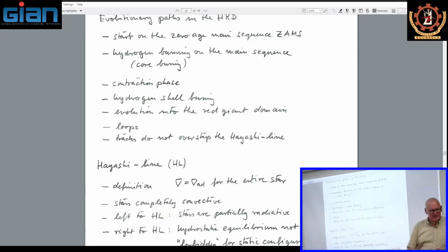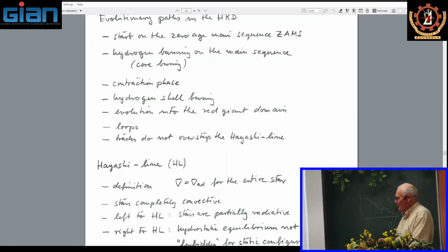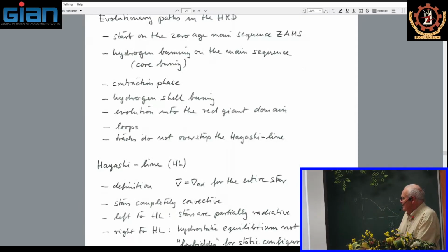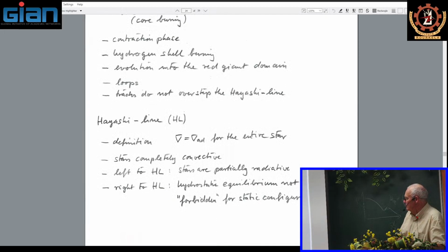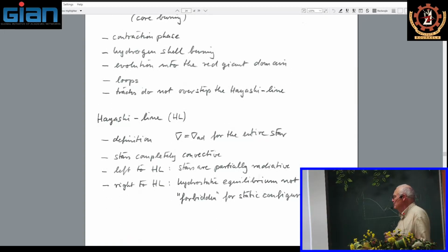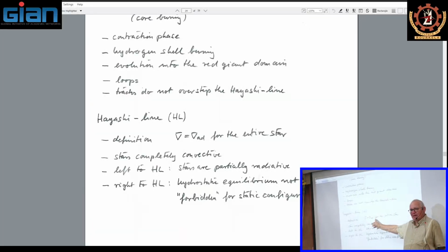What is the Hayashi line in the Hertzsprung-Russell diagram? Just in a few short sentences, the definition of the Hayashi line has to do with convection, with energy transport by convection. It's defined by nabla equal to nabla adiabatic for the entire star.